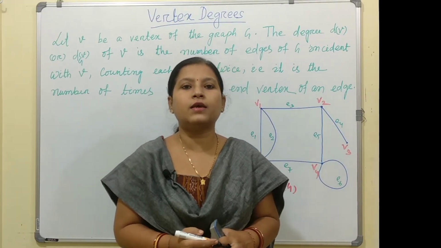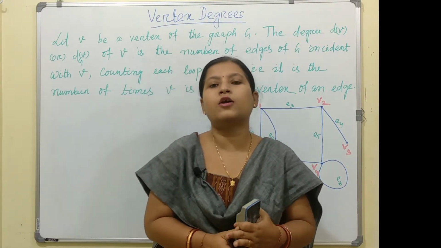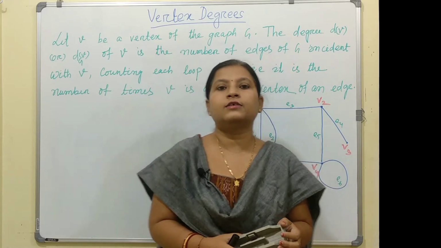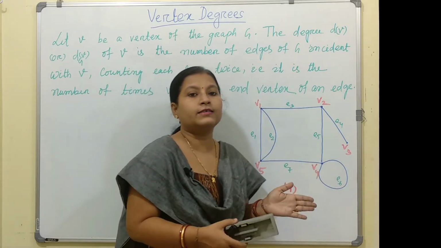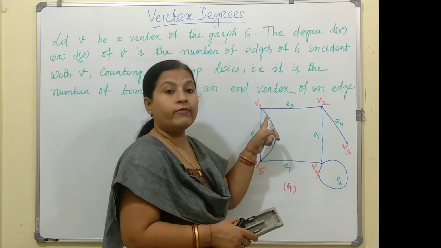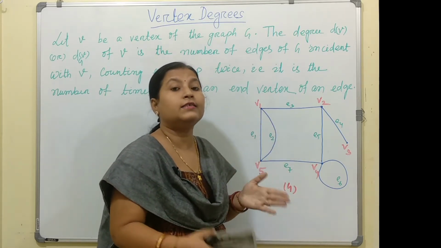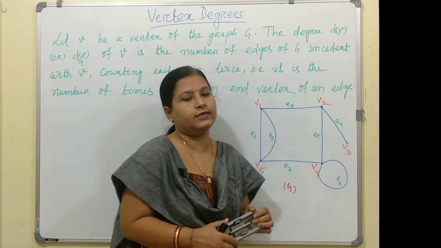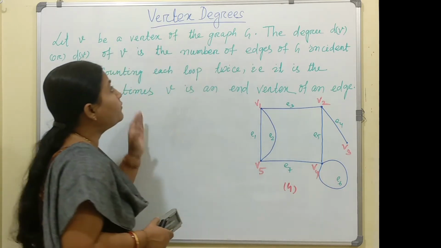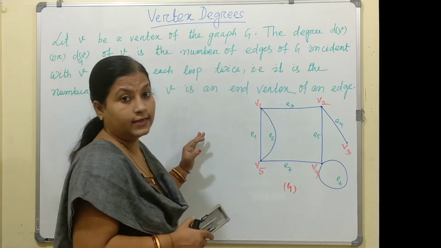Let us discuss vertex degrees, or degree of a vertex. The degree of a vertex is the number of edges incident with the particular vertex V. What is the definition of degree of a vertex?